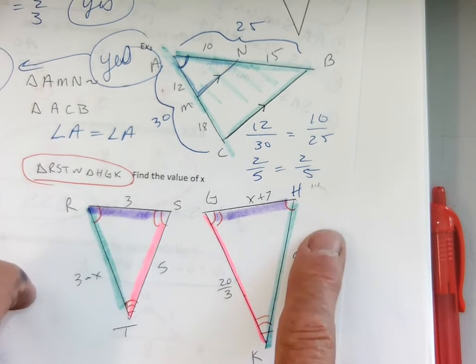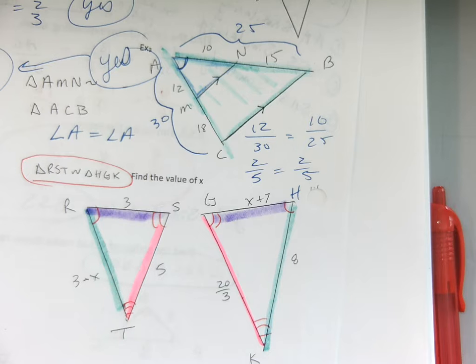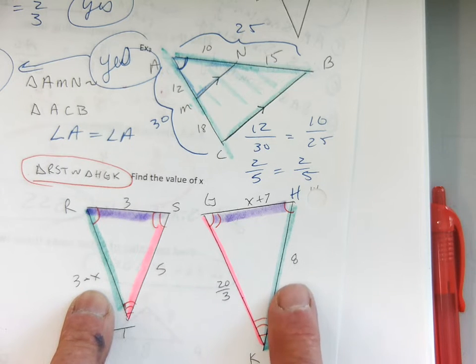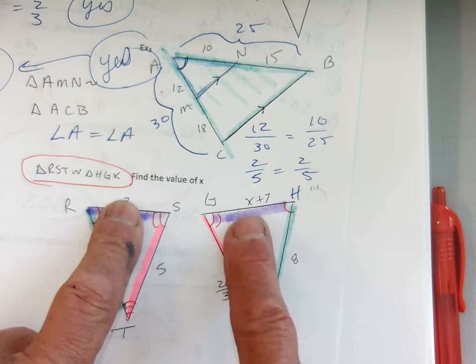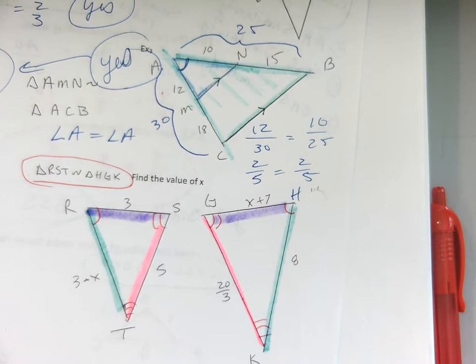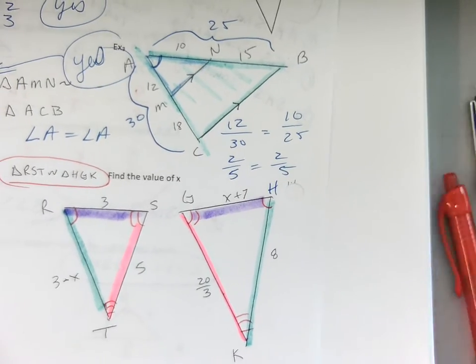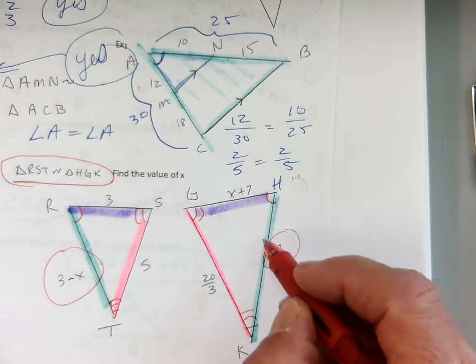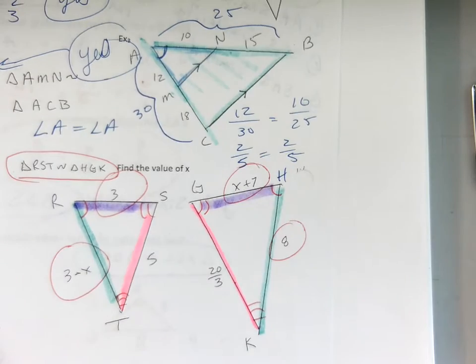Right? So if I need to find the value of x, I could go 3 minus x goes to 8 as 3 goes to x plus 7, right? You guys see how to do that? I'm just going to use these values. Take that one with that one and that one with that one, okay?